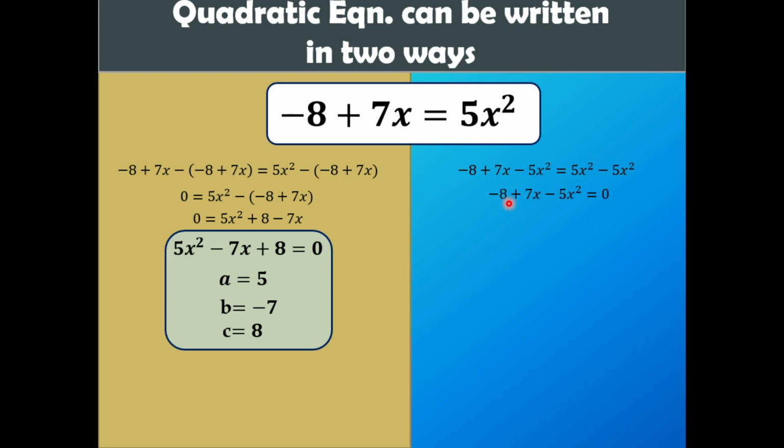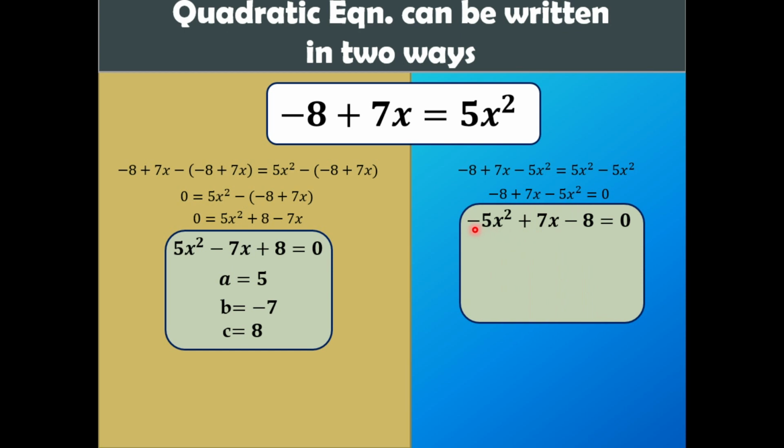Then we'll have negative 8 plus 7x minus 5x squared equals 0. Rearranging this one, it will become negative 5x squared, since the operation of 5x squared is minus, and positive 7x and minus 8. So the values of a, b, and c are: a is negative 5, b is 7, and c equals negative 8.